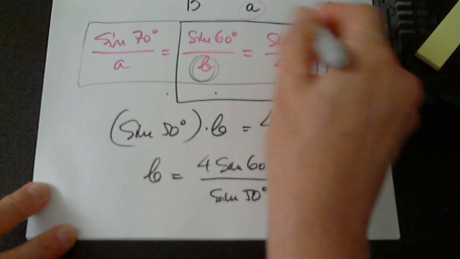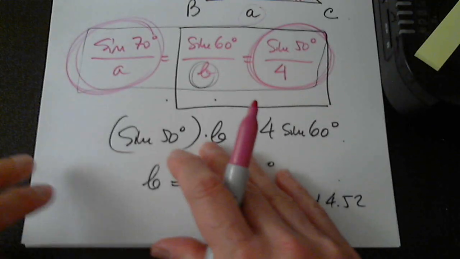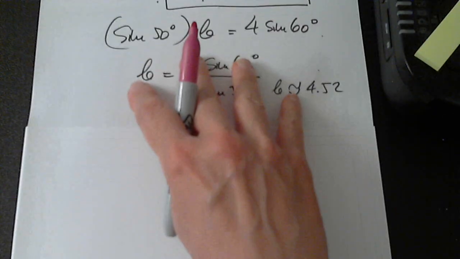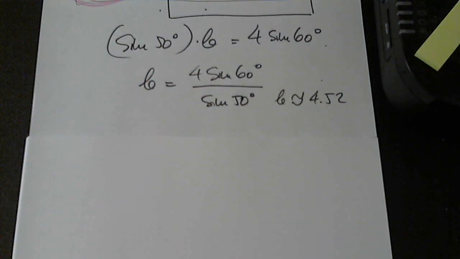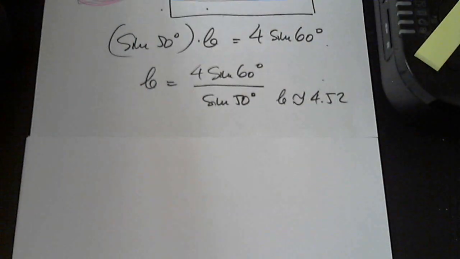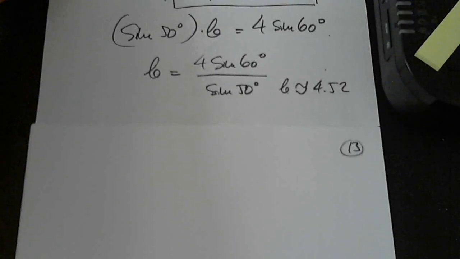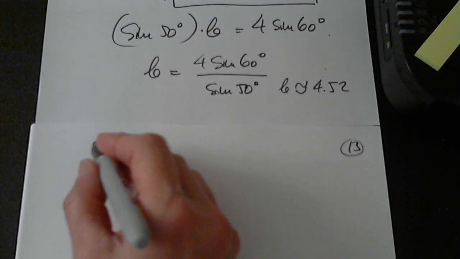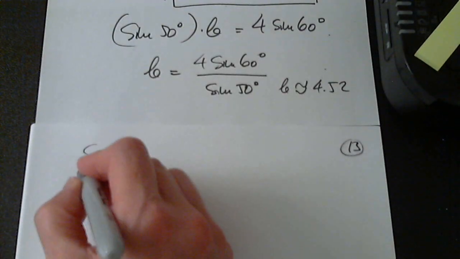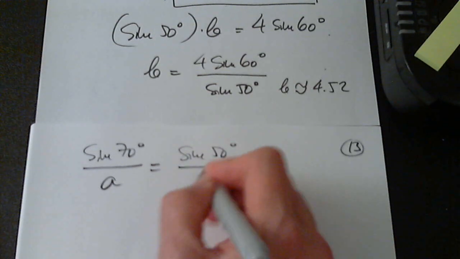What proportion? This one with this one. So now I have sine 70 degrees over a equals sine 50 degrees over 4.